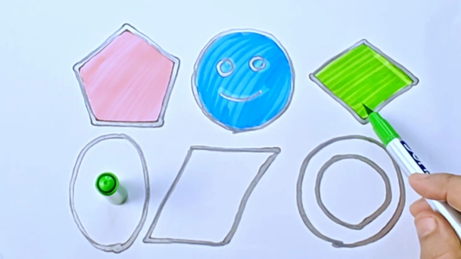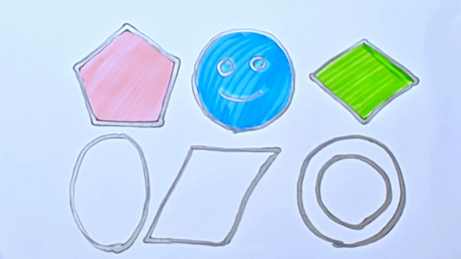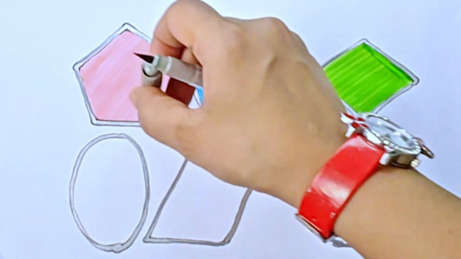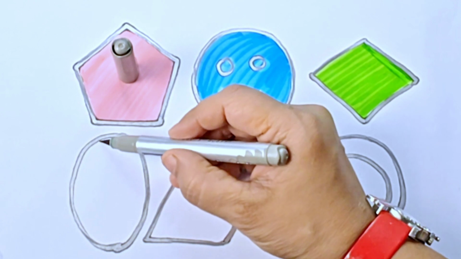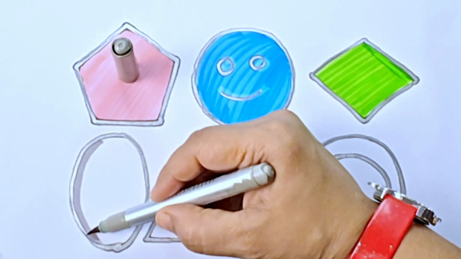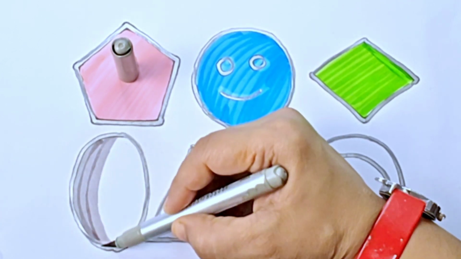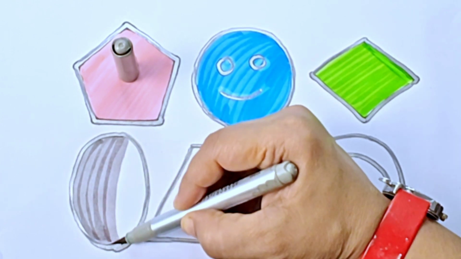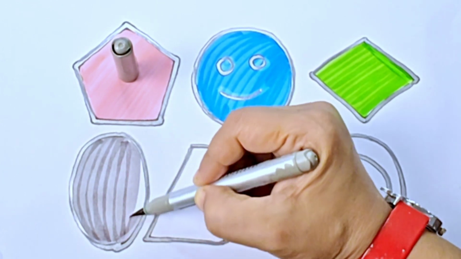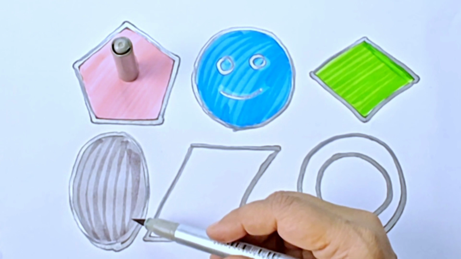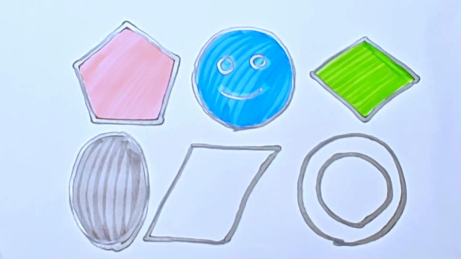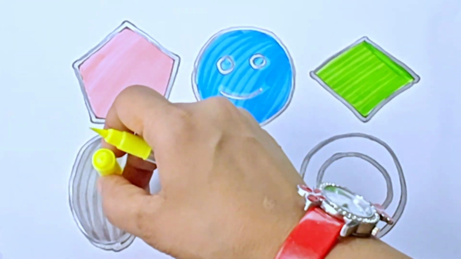It is rhombus or diamond. It is grey color. It is oval. Fluorescent yellow.